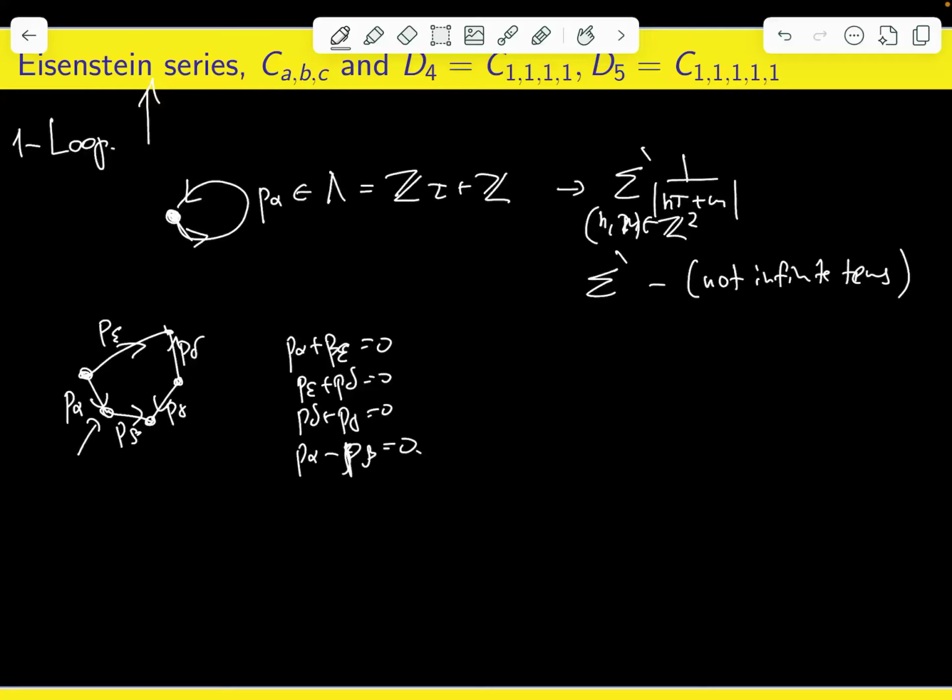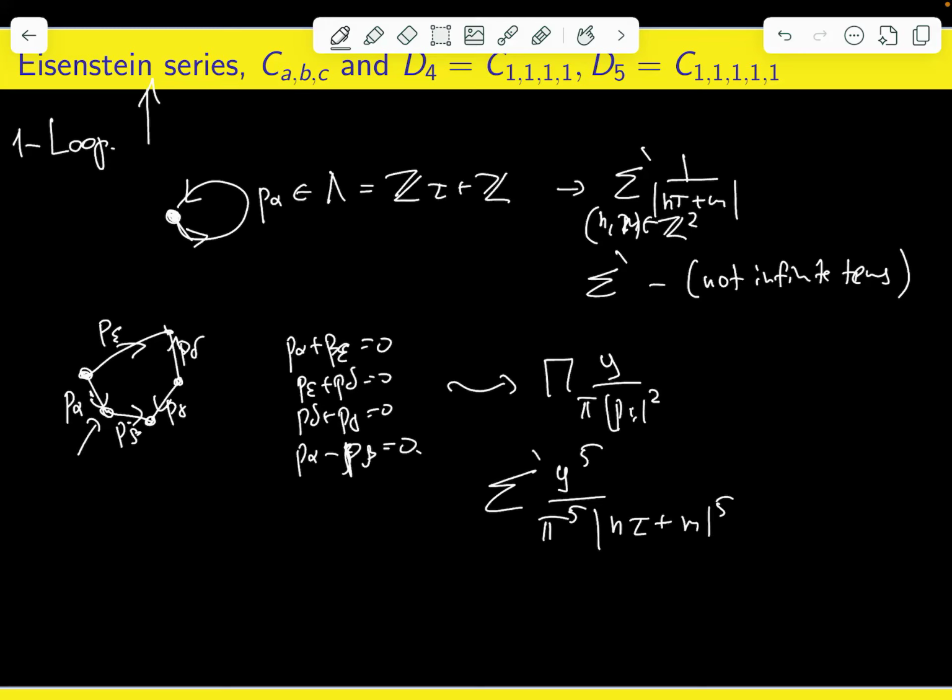Then I take the product of all of them, so a product of all this, y divided by pi times p something squared. In this case they are all the same up to sign. So your function will be just the sum of y to the power 5 over pi to the power 5, times n tau plus m to the power 5.